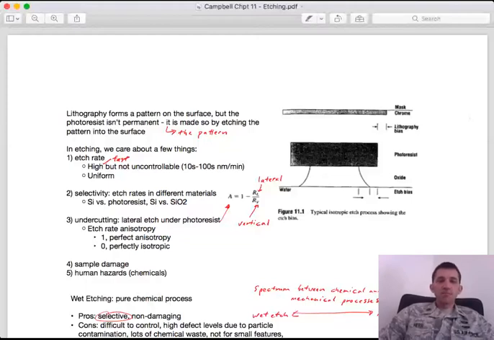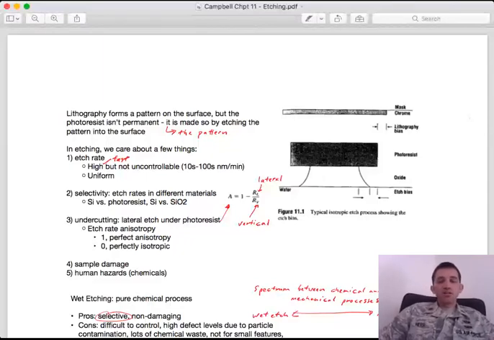Because the bonds between the silicon and the oxygen in the oxide are much different than the silicon to the silicon in the silicon substrate underneath the oxide. And the bonds in the photoresist are different than the oxide as well. And so, the more chemical nature you have, the more selective the process tends to be. And it will be selective and non-damaging to other types of materials, right? So a chemical etch designed for oxide is not really going to damage the silicon once the oxide is gone.